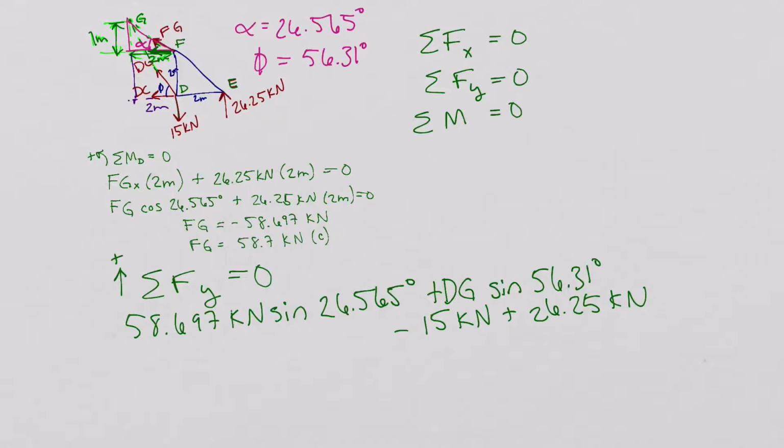And 1, 2, 3, 4, that's 4. All right, so that equals 0, and we have one unknown. So now I'm going to pause and calculate and come back.